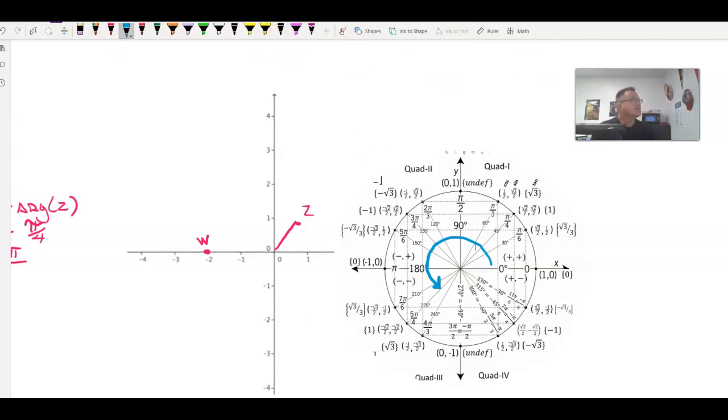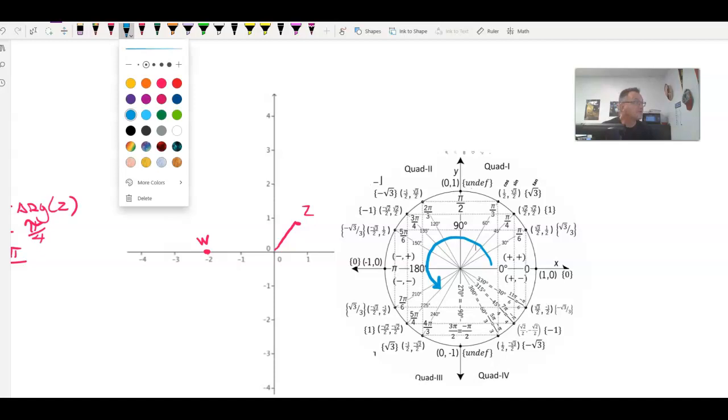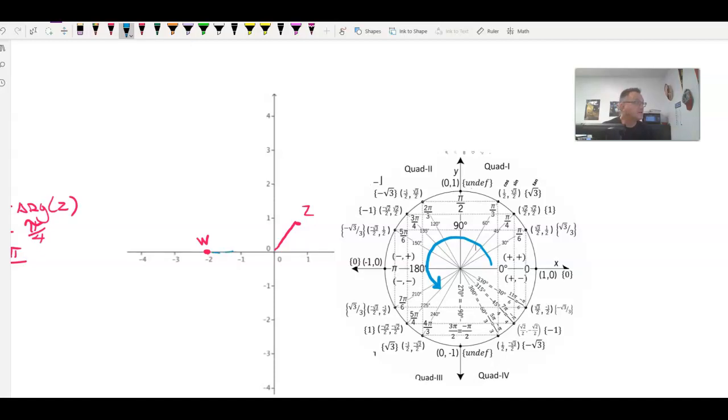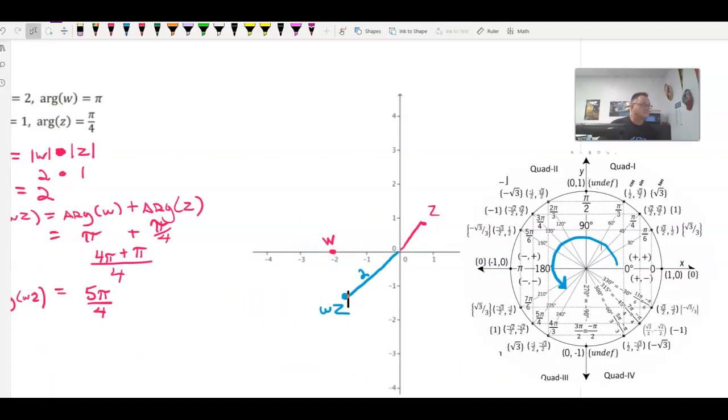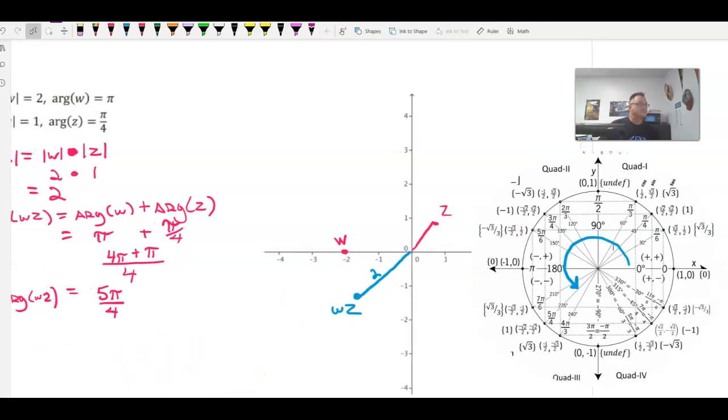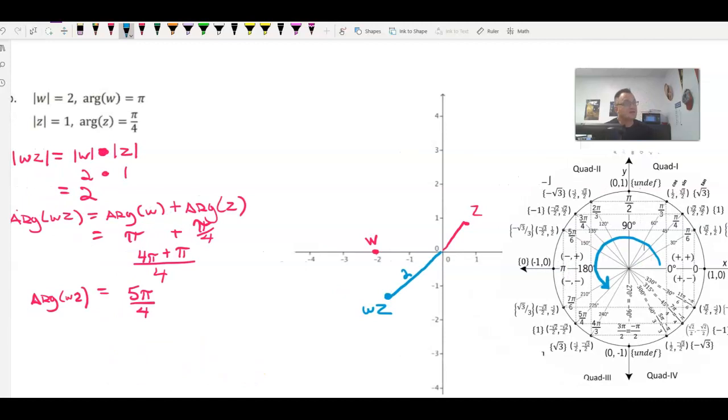Right? So whatever this length is right here, I'm drawing it to be the same length as that. I'm just kind of eyeballing it right now. And that would be W times Z. And this length is 2. And this angle is 5 pi over 4.